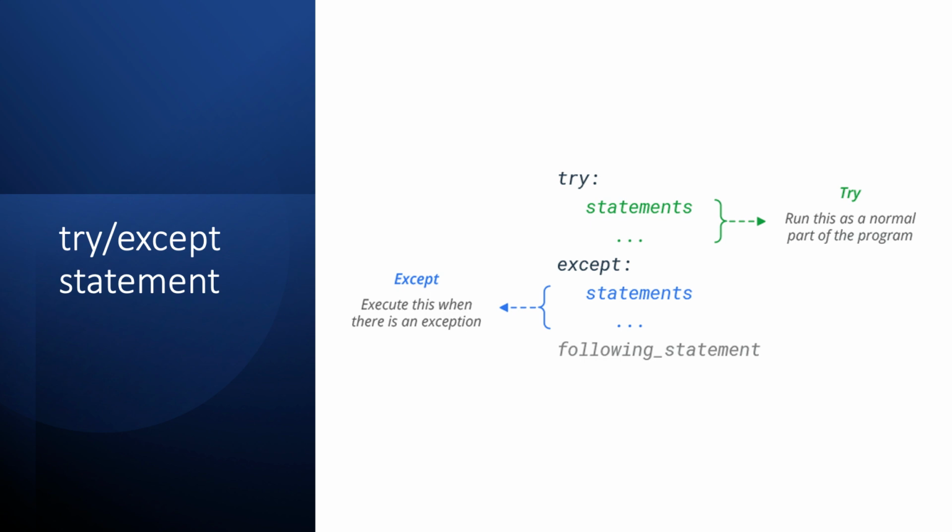But instead of crashing, our program will jump to the except block where we can inform the user about the issue and perhaps ask them to provide a different file path. So in summary, the try-except structure is like a safety net for our programs. It allows us to catch errors, deal with them effectively, and continue running our program smoothly.